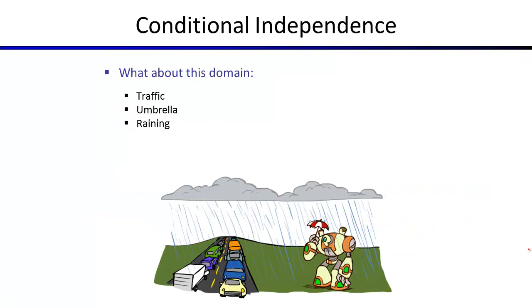Okay, let's look at conditional independence examples. We have 3 random variables here: traffic, umbrella, and raining. What conditional independence assumption might be reasonable for this domain that we're trying to model? Any suggestions? Yes.